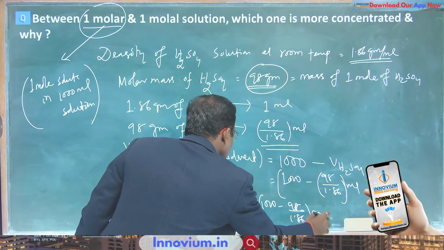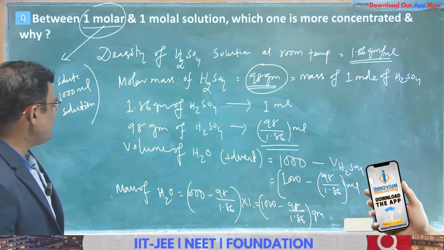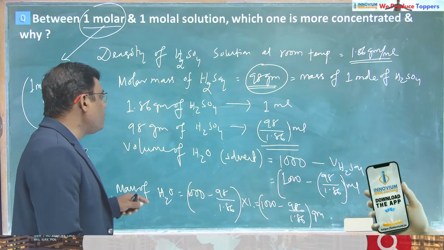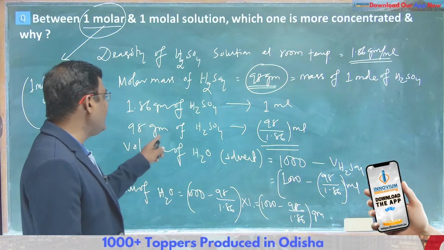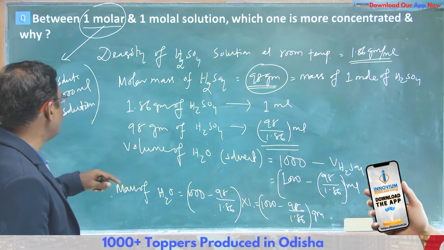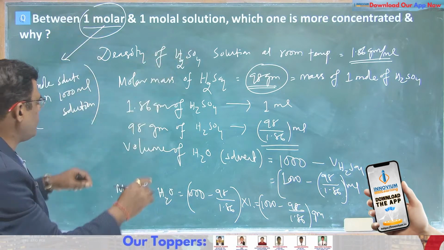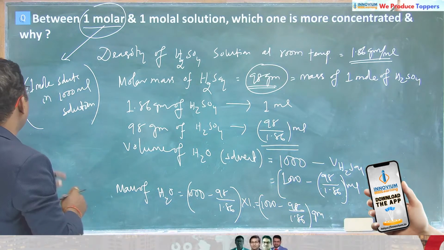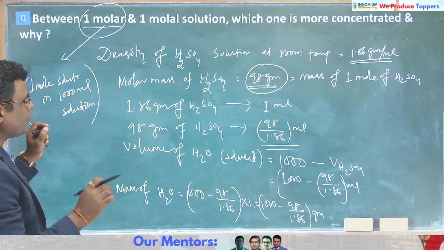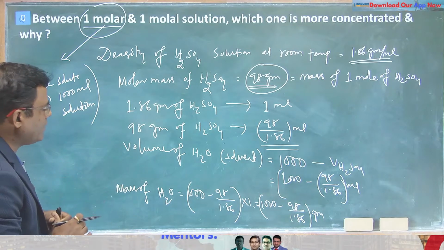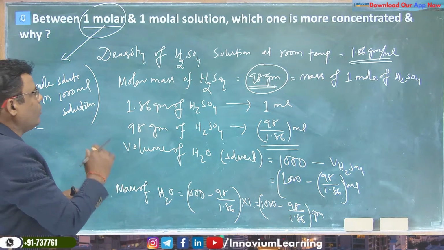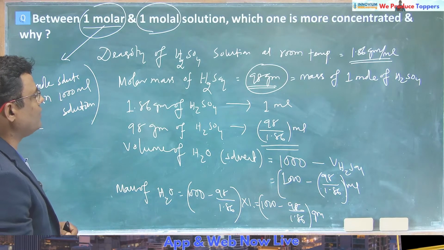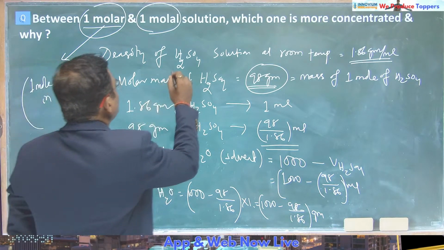Now you see, this is the mass of water in which what amount of H2SO4 is present? 98 gram of H2SO4, or you can say 1 mole of H2SO4. So this much mass of water is there in which 1 mole H2SO4 solute is present. Now you consider 1 molar solution. So 1 molar solution means what?